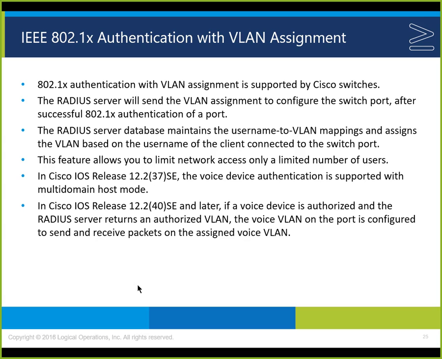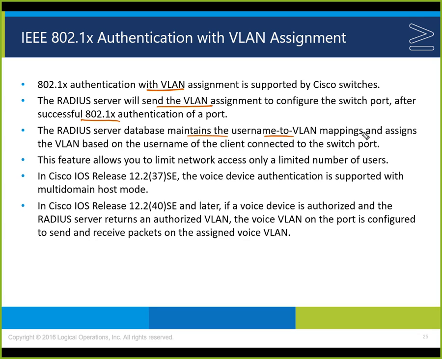VLAN assignment is supported by Cisco switches. In this case, the RADIUS server will send the VLAN assignment and configure the switch port after an authentication. So this is another kind of cool thing that automatically assigns a VLAN to the port based upon the authentication.